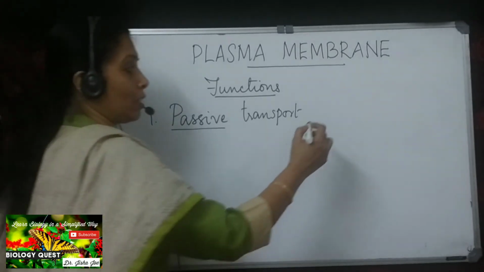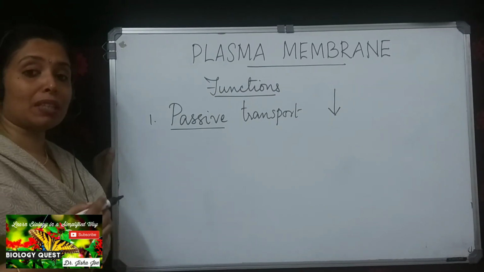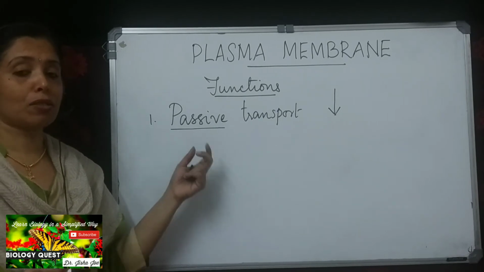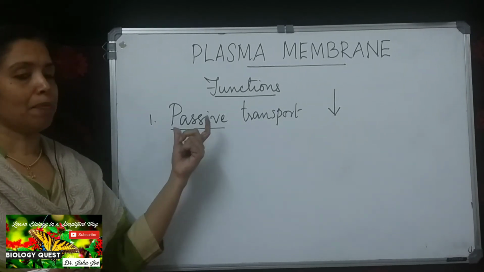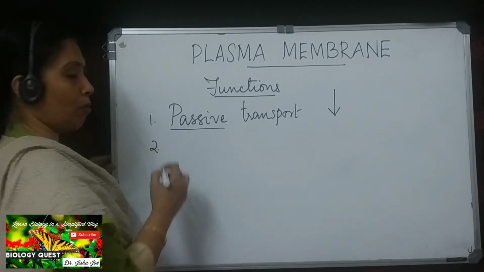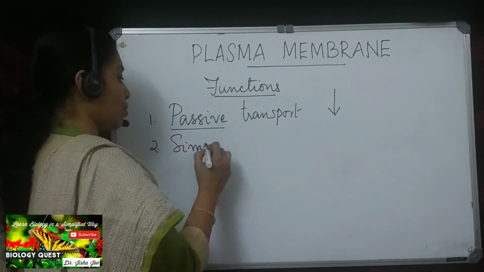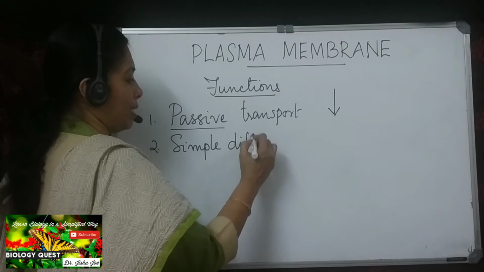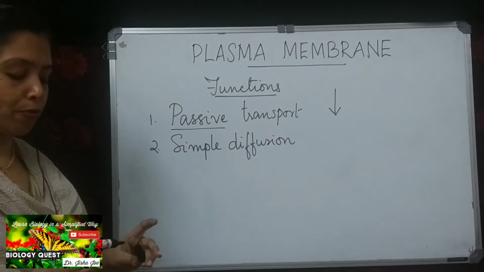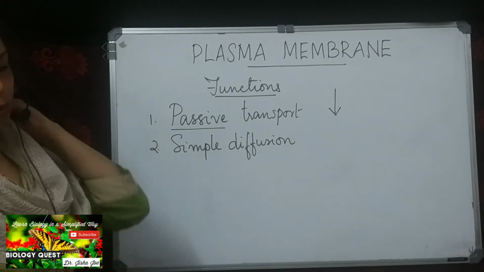Molecules move from a region of higher concentration to a region of lower concentration without the expenditure of energy. So many molecules pass through the cell membrane by passive transport. The second type of movement of molecules is simple diffusion. Simple diffusion is also a type of passive movement. Here also the molecules move from a region of higher concentration to a region of lower concentration.